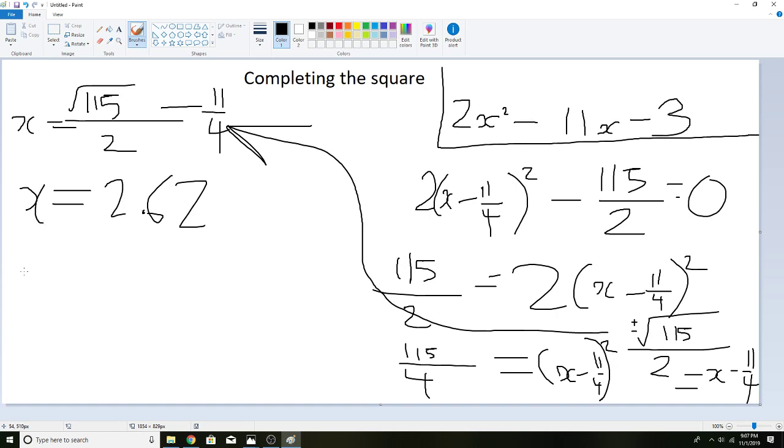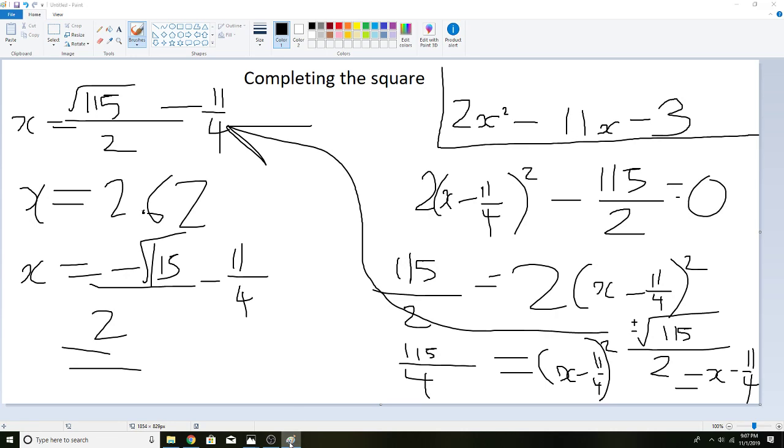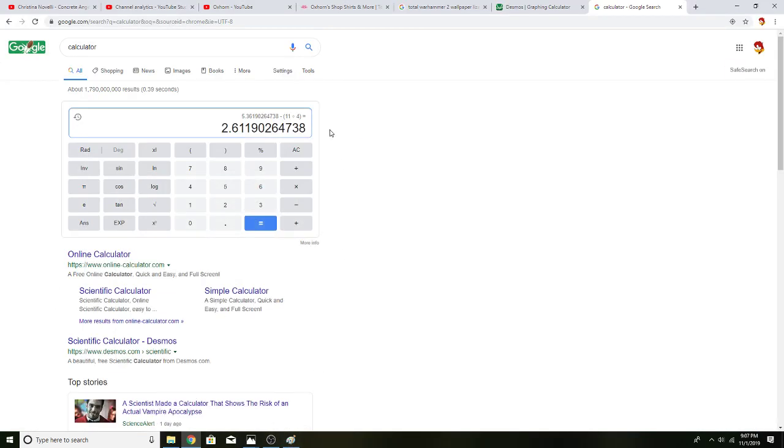And then let's do minus root 115 over 2 minus 11 over 4. Remember, the minus goes outside, not inside the bracket of the thing you're trying to square root, divided by 2 minus 11 over 4.